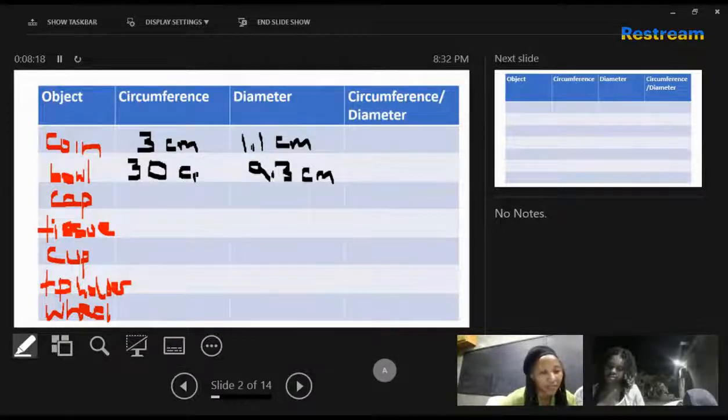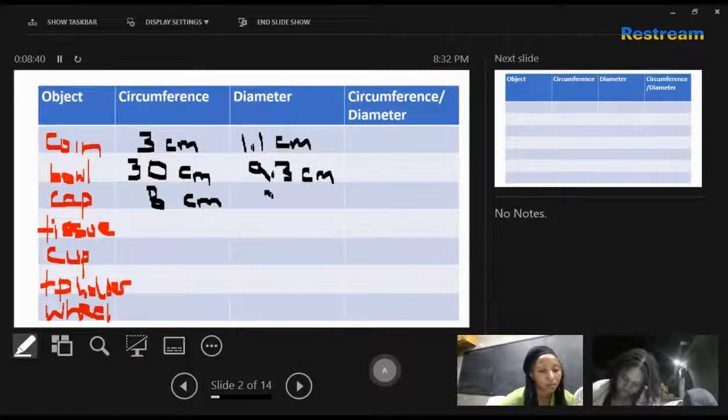Okay. For the cap, 8 centimeters for the circumference. And for the diameter, 2.5 centimeters.